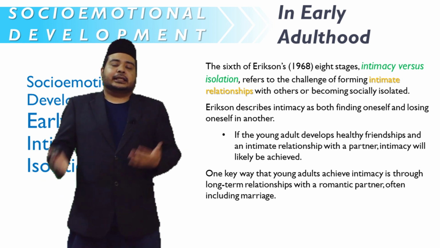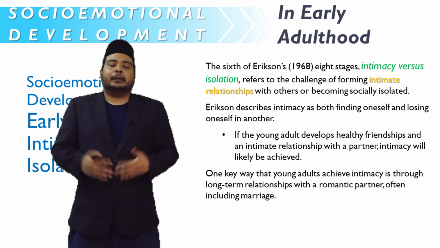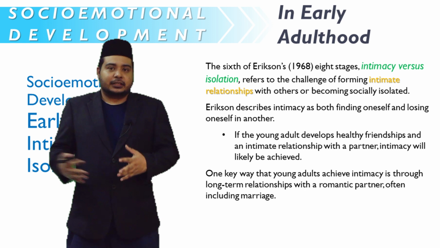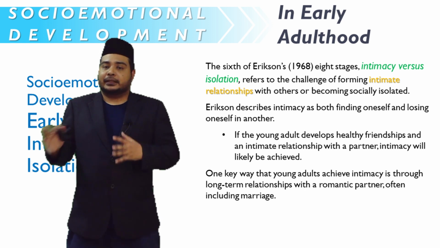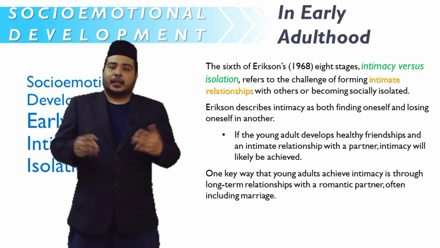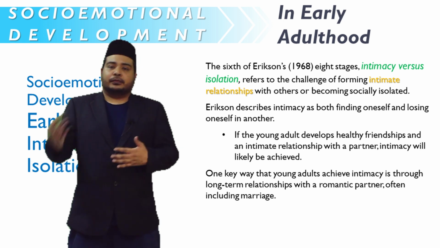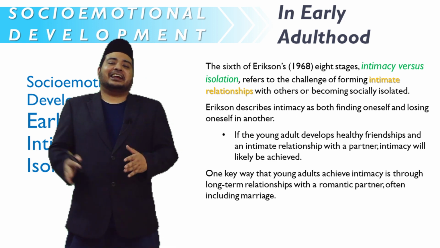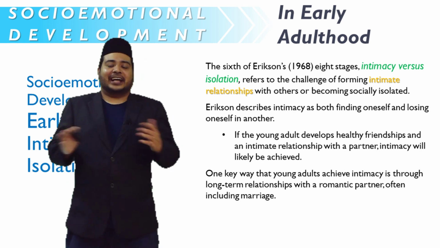Basically, this is the stage whereby people start to have life partners, spouses, or get married. If you fail to establish an intimate relationship with your partner, you might probably end up single or isolated.